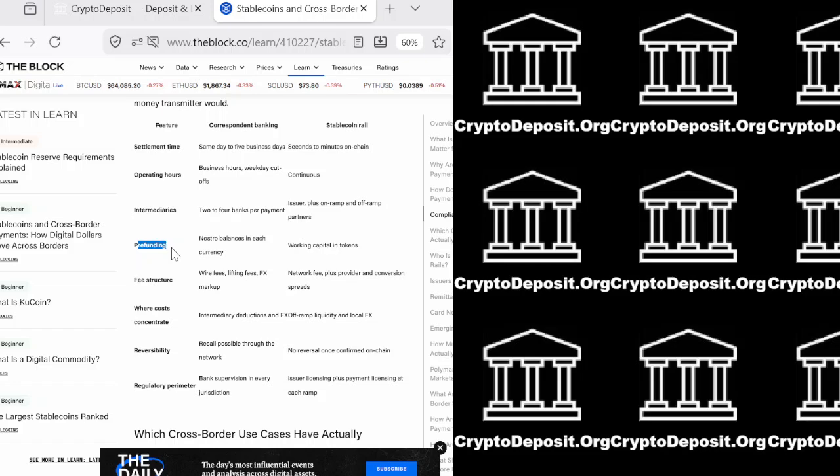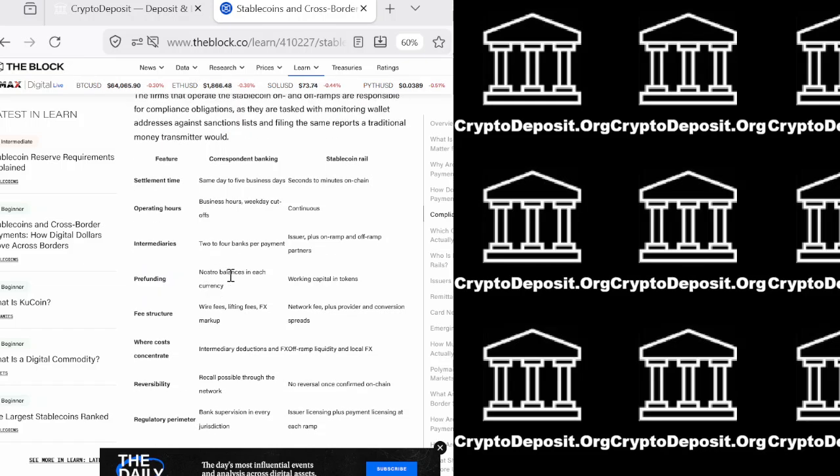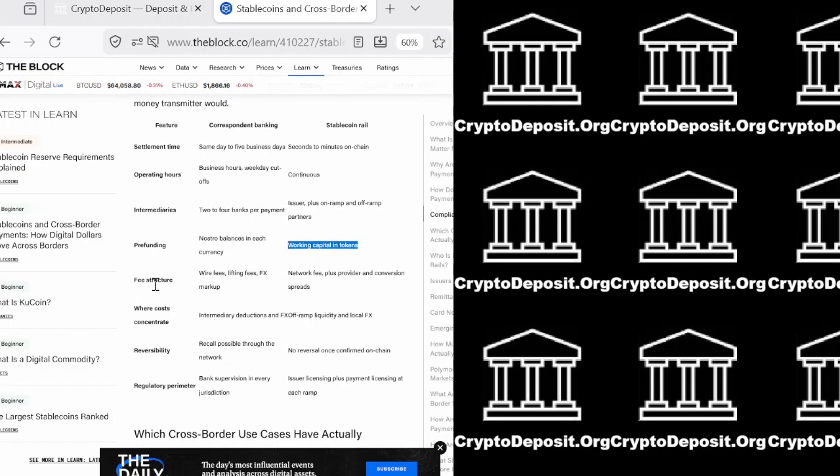Now, pre-funding, it says no stored balances in each currency when it comes to traditional banking. And then, of course, with pre-funding, it just means the working capital and tokens, which means you're already in USDT, already in USDC. Fee structure, we got wire fees, of course. You've got lifting fees and then FX markup.